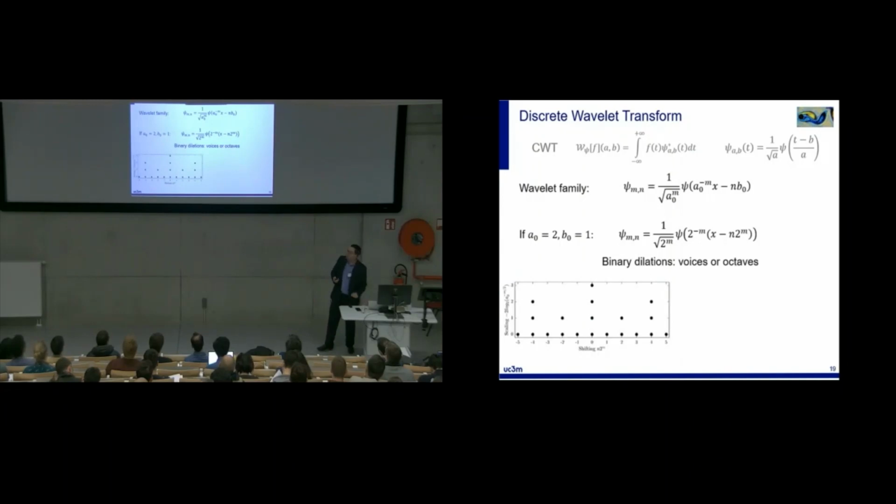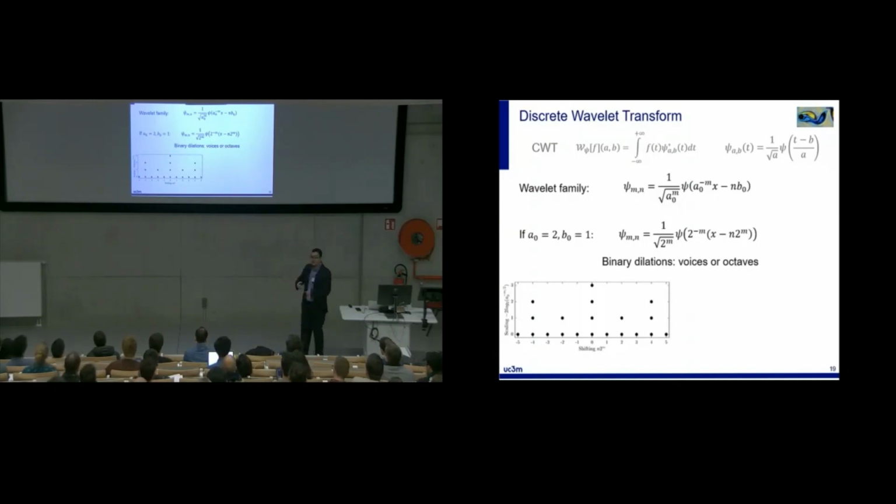So if you think about it, you have something like this. When you select m equal to 0, let's go to the lowest level, then this is 1, and what you get is actually the mother wavelet, which is sampled exactly at integer steps. When you go to the next level, so we set m equal to 1, what you're doing is amplifying your wavelet, so you're making it wider.